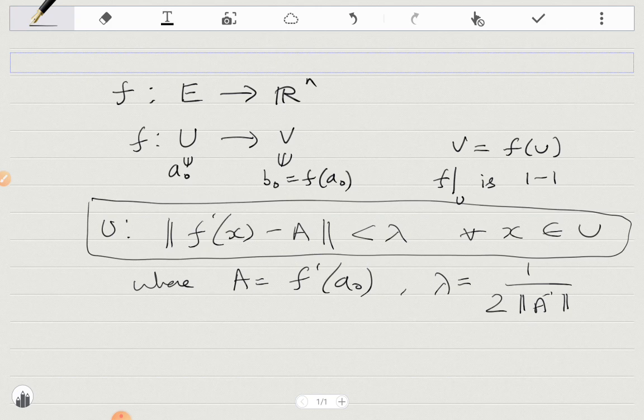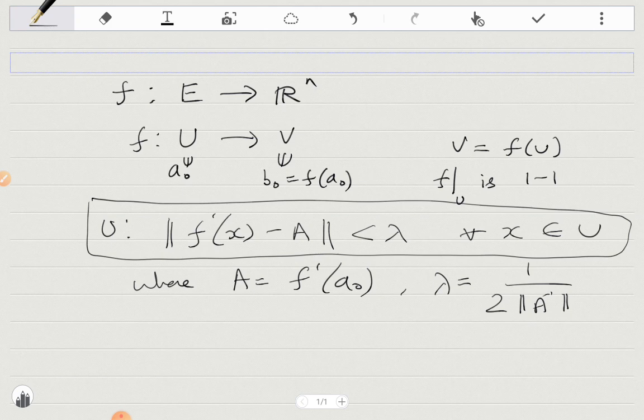To show that the inverse function is C1, or to begin with, just differentiable, we need to have a candidate for its derivative, and we know what the candidate is. It's just the inverse of the derivative of f itself.